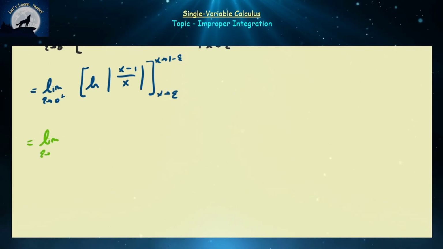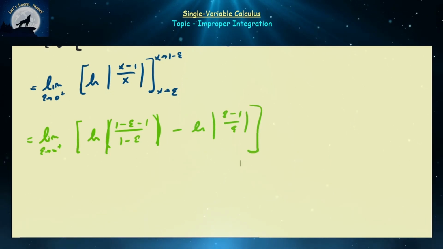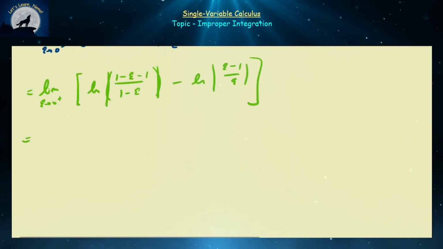So that will be equal to what? The limit as epsilon goes to 0 from the right of the natural log of 1 minus epsilon minus 1 all over 1 minus epsilon, and keep in mind absolute values are still there, minus the natural log of epsilon minus 1 over epsilon. Now let's clean this up just a little bit before we evaluate the limit. So we have the limit, epsilon approaches 0 from the right.